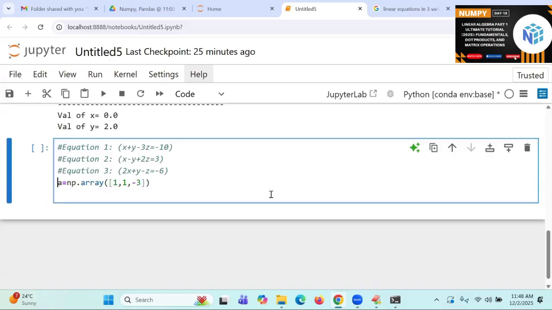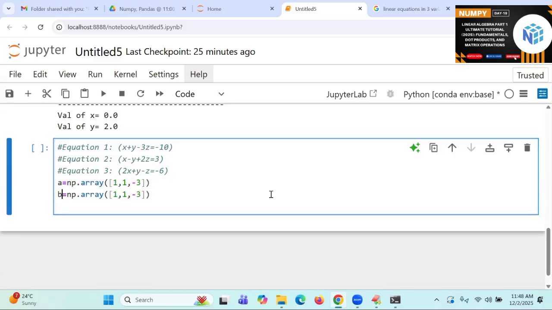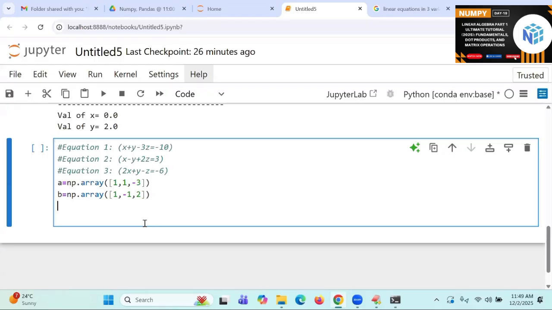Okay, good. Next, b is equal to np dot array of 1 comma minus 1 comma 2, plus 2. Come to the point. C is equal to np dot array of 2 comma 1 comma minus 1 minus 1.